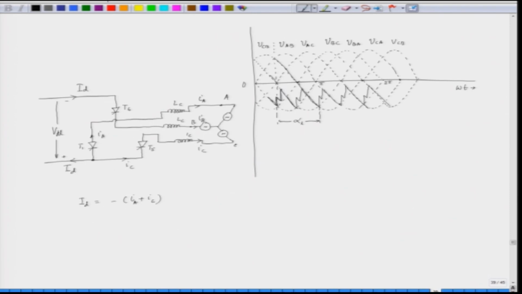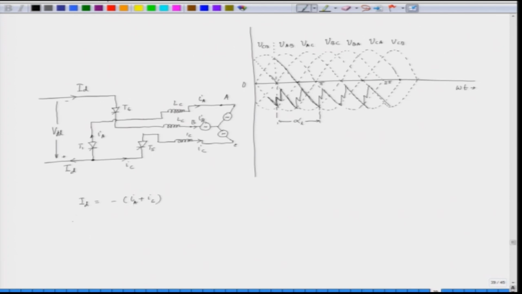The current will actually be flowing in the opposite direction, but if we maintain this current direction, ID plus IA plus IC equals 0, or ID equals minus of IA plus IC.